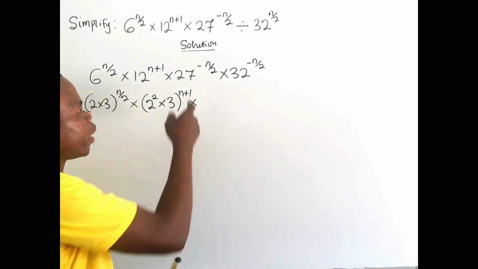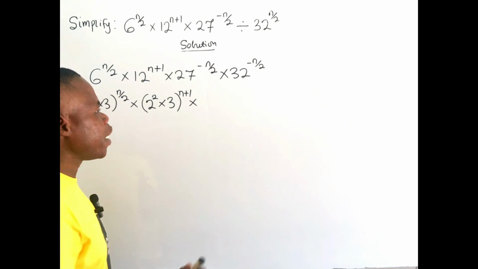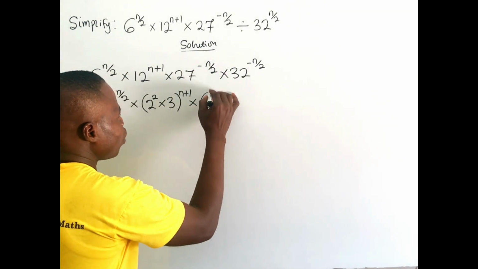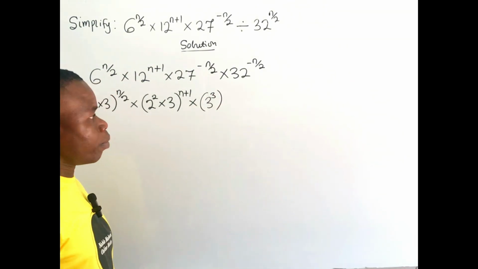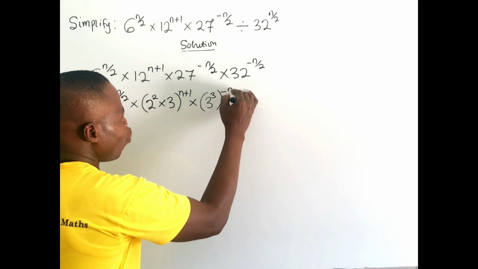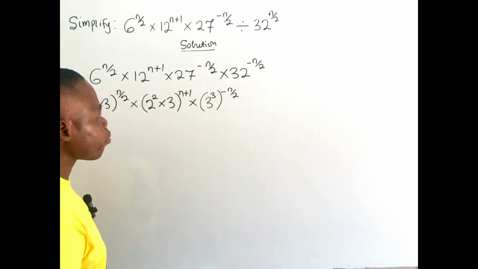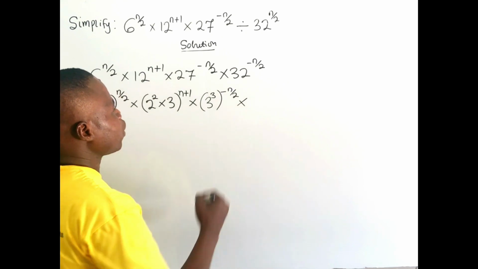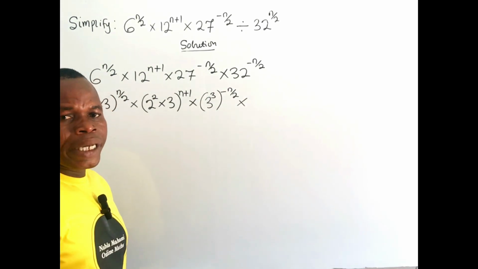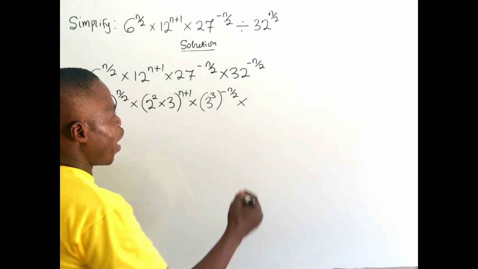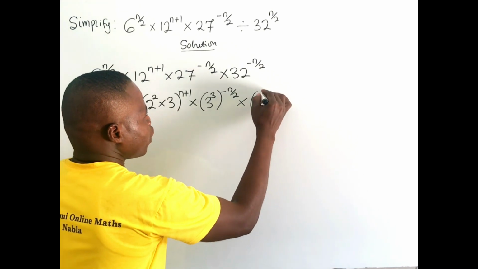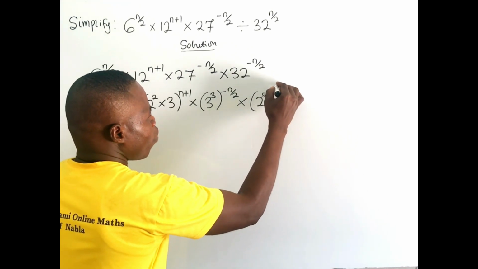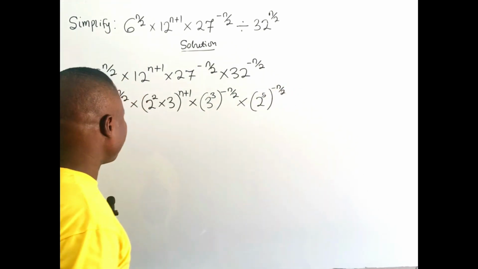Times this 27 can be expressed as 3 to the power 3, which is the same thing as 27. Then minus n over 2 as a power here. Times 32, which is the same thing as 2 exponent 5, and 2 to the power 5 is the same thing as 32. Then I'll bring the power minus n over 2.